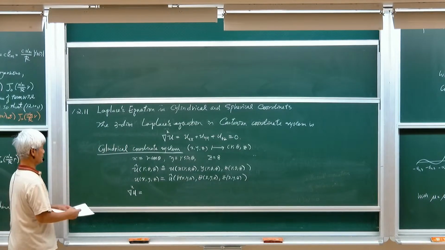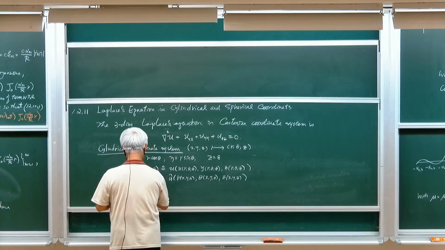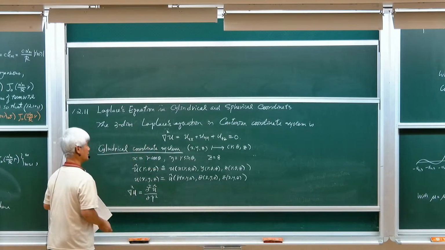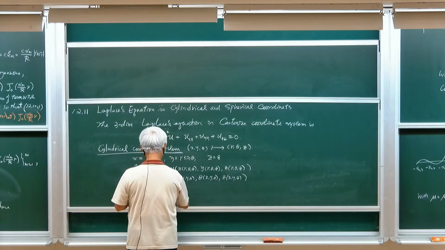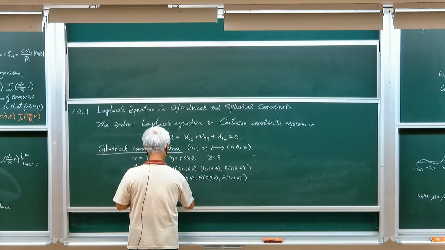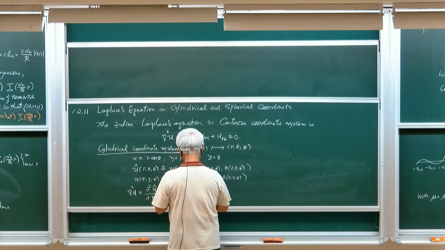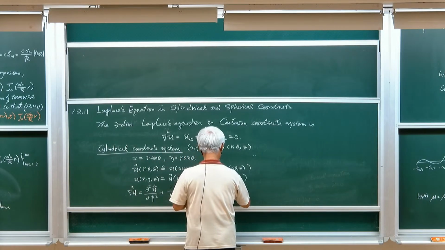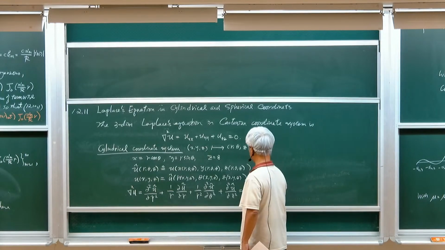So now the Laplacian of u comes to the second order partial derivative of u tilde with respect to r, plus 1 over r times the first order partial derivative of u tilde with respect to r, plus 1 over r squared times the second order partial derivative with respect to theta, and finally the second order partial derivative with respect to z, and this is 0 here.